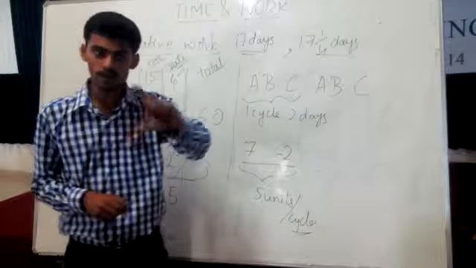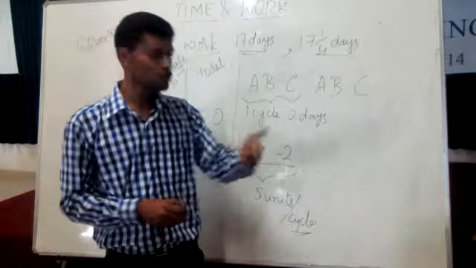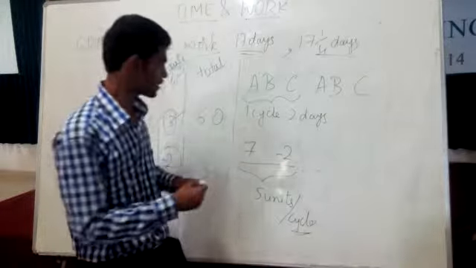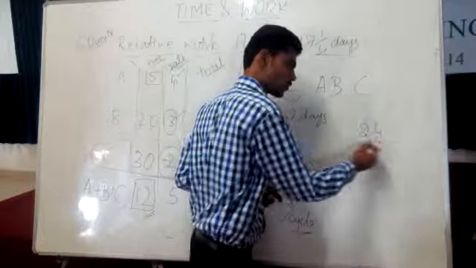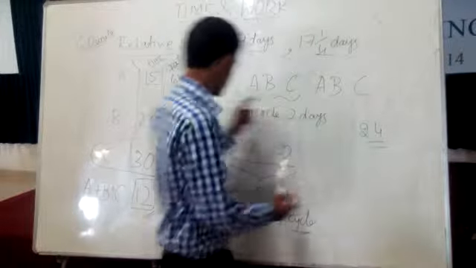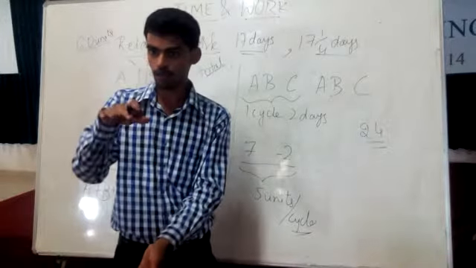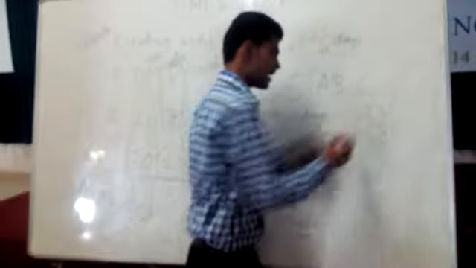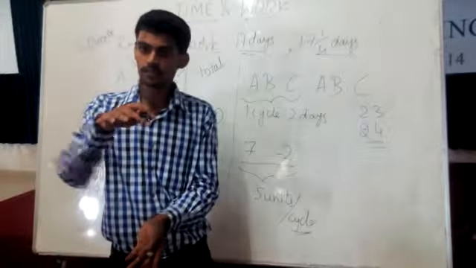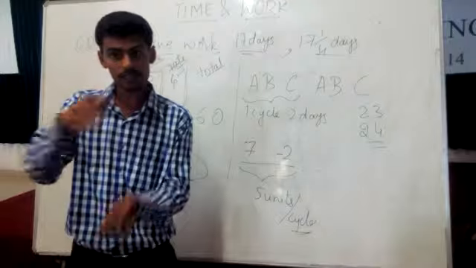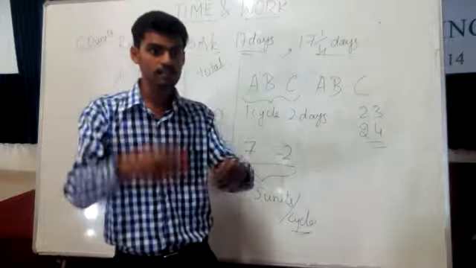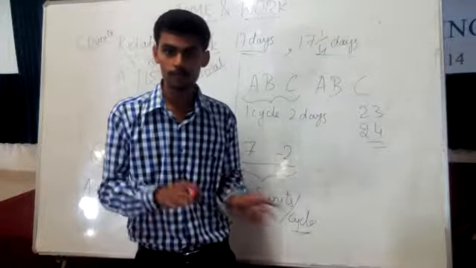Actually, if you take 12 cycles, that is 24 days. On the 24th day, C is removing 2 bricks, and then the bricks are total. What does it mean? By the 23rd day end, 60 plus 2 more, 62 bricks have to be there. If 62 bricks are there on the 23rd day, before 23 days are over itself, you had 60 bricks sometime before.